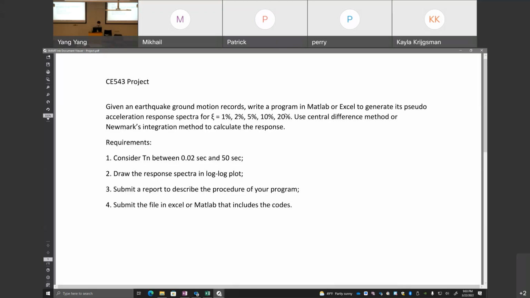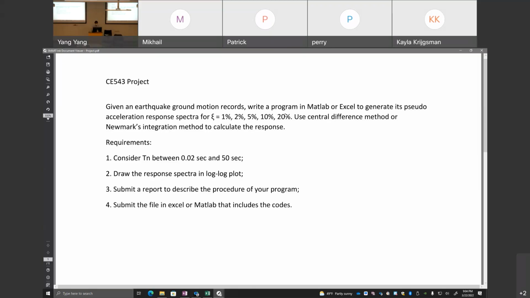So this time we will talk about the numerical method called central difference method. Next time we will talk about the response spectral, so that you should be prepared for this project. So I will extend the due date of this project to the middle of April.